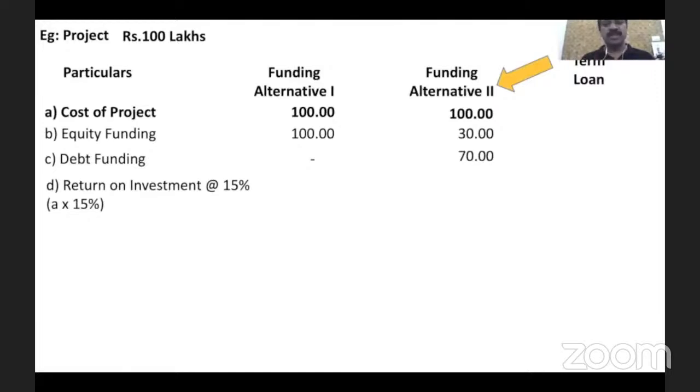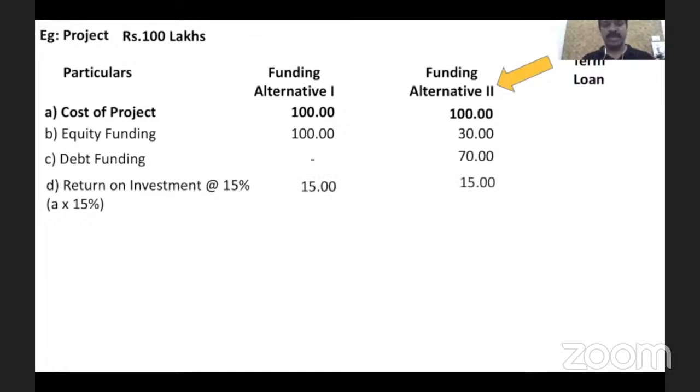This return can be technically called earnings before interest and taxes, right? This return, what this project will generate, can be technically called earnings before providing for interest, before providing for taxes. That is the capacity of this project. So 100 lakhs into 15% will give me 15 lakh in scenario 1. In scenario 2 also it will give me 15 lakhs.